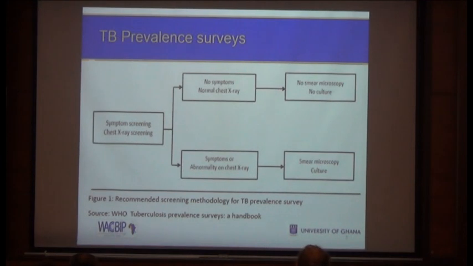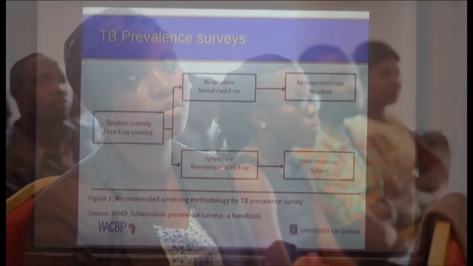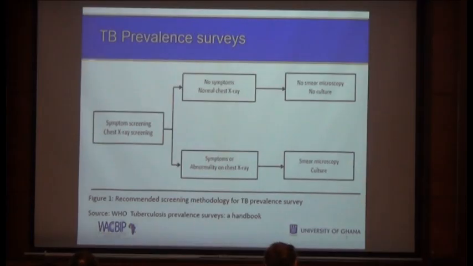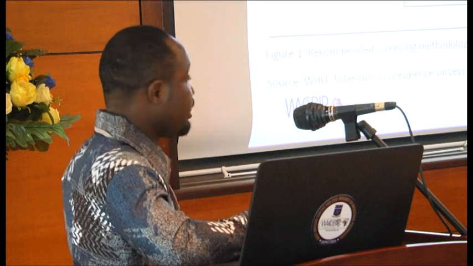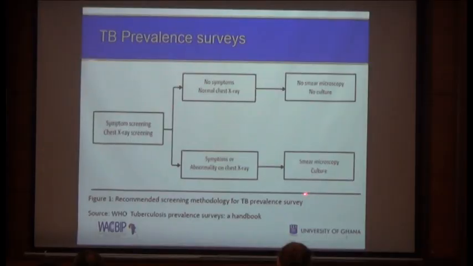It was based on symptom screening, then chest X-ray. So if you have symptoms of TB, that's coughing for more than 2 weeks, night sweats, and then you have an abnormal chest X-ray, you are eligible to produce sputum for sputum smear microscopy and also for culture. For this, we use both the MGIT, that's the liquid culture, and the solid culture, that's the LJ.